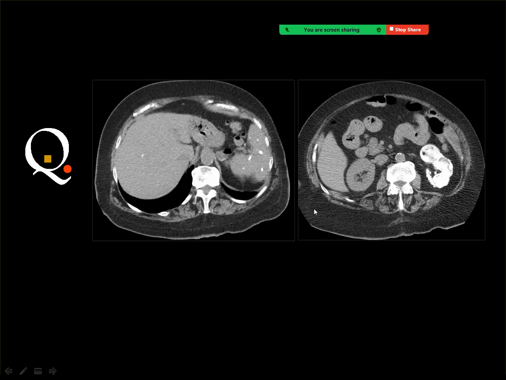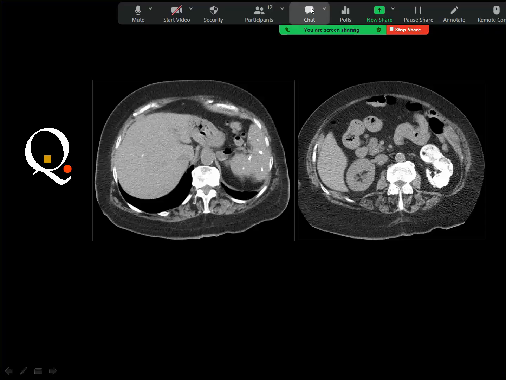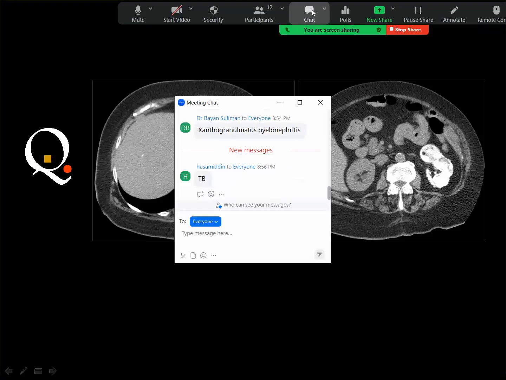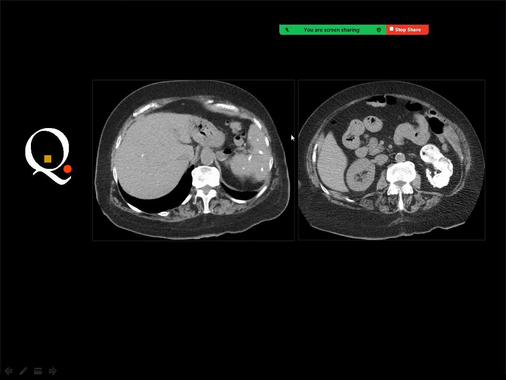The next case is abdominal scans. And these scans are obtained without injection of contrast material. Yes, and the answer is right.